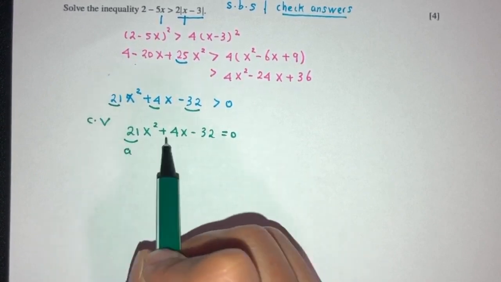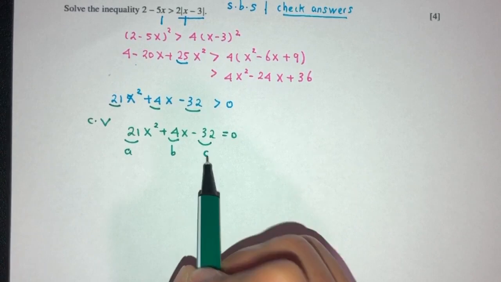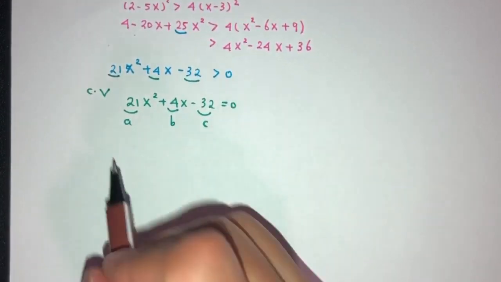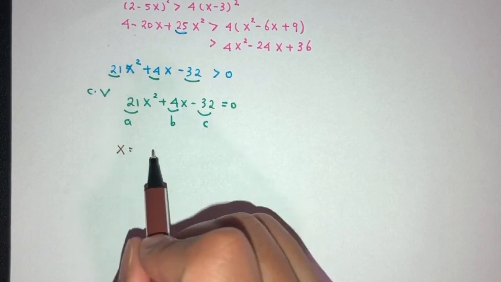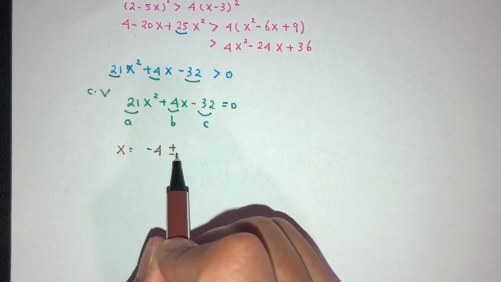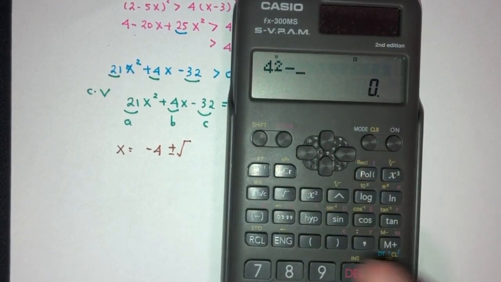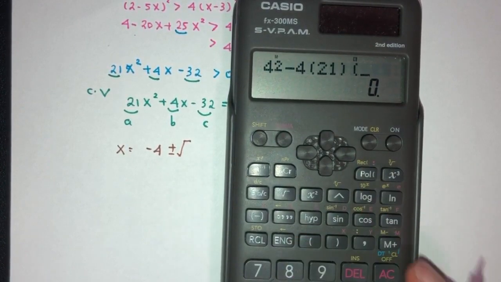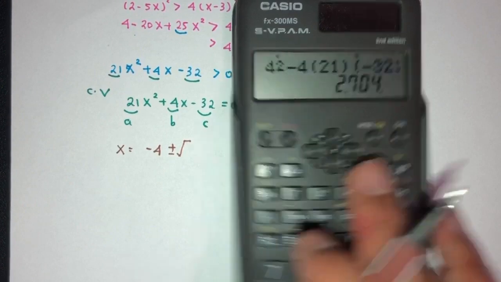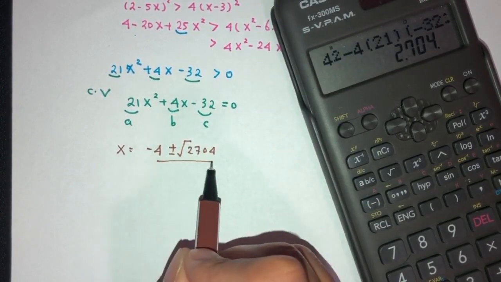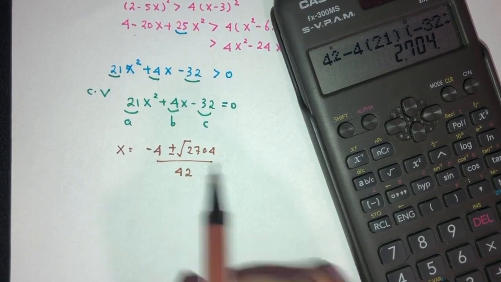A, B, and C we place back in the formula to solve the equation. So x will be minus b plus minus root of b squared, which is 4 squared, minus 4 times A times C, that'll be 2704, divided by 2 times A, that should be 42.